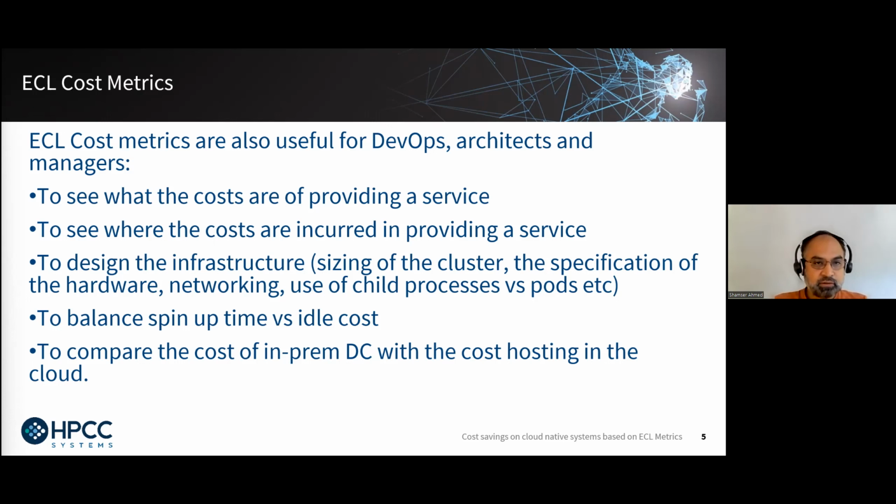The infrastructure itself, for example, the cluster size, the number of nodes, the number of CPUs, networking, the use of child processes, etc. These all affect the cost of the work, the jobs that the designers, architects, managers implement. So changes can be made in these areas to reduce costs.